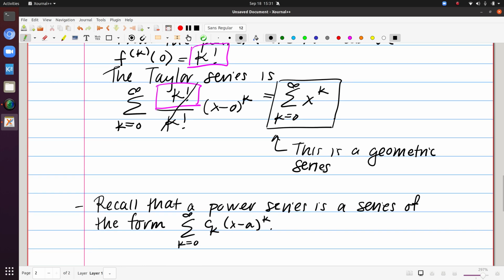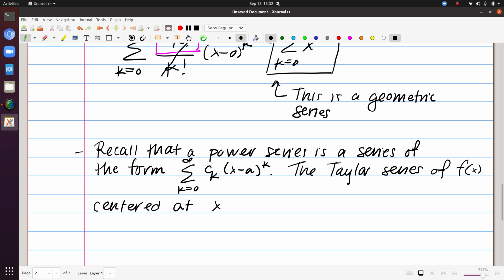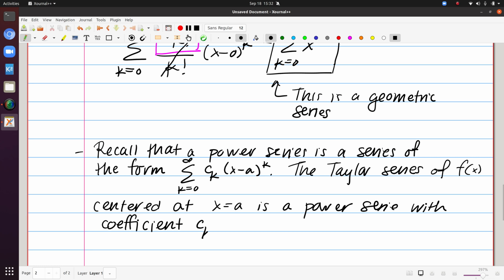And in particular, we're going to be able to say here that the Taylor series of function f of x centered at x equals a is a power series with coefficient c sub k equal to the kth derivative of f evaluated at a over k factorial.